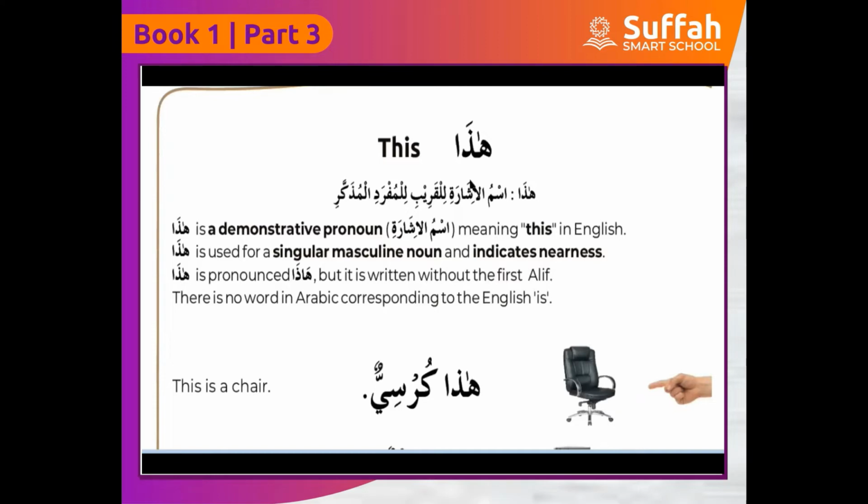Ismul Isharati lil Qaribi lil Mufradil Mudakkar. This is the definition of Hada. I will explain this definition completely so that you understand it better.